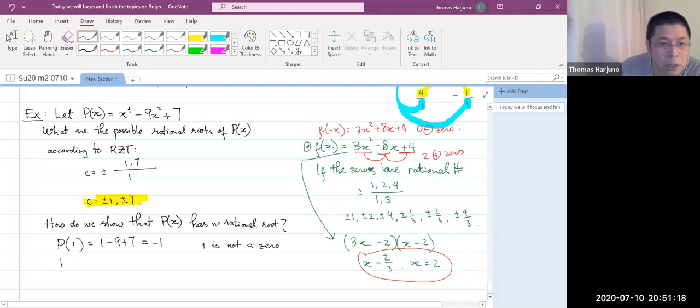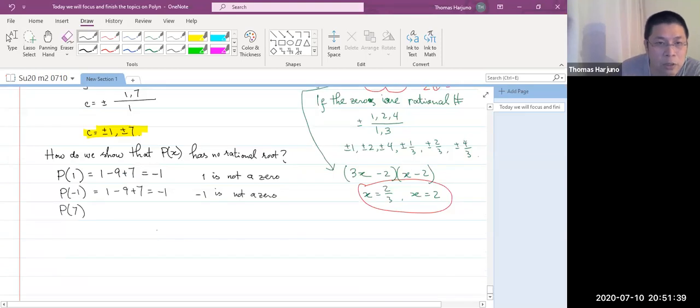How about P(-1)? P(-1), you will get also 1 minus 9 plus 7. So -1 is not a zero. How about P(7)?